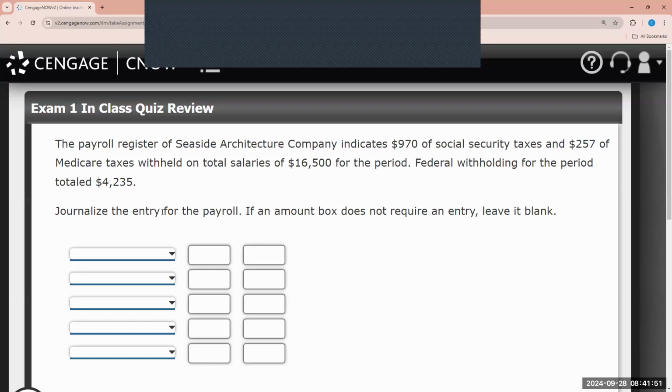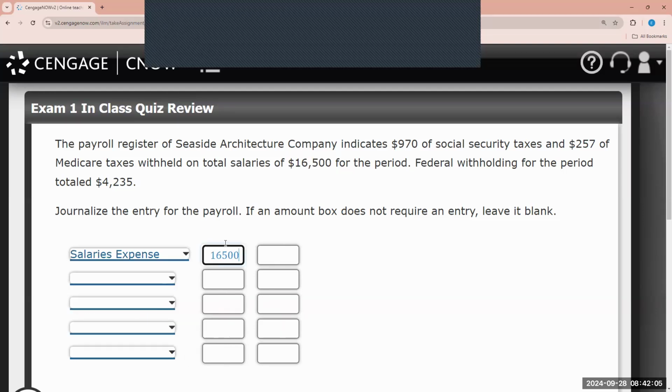Federal withholding for the period totaled $4,235. So it lets us know that the total gross pay for this period, which is in the form of our salaries expense, is $16,500.